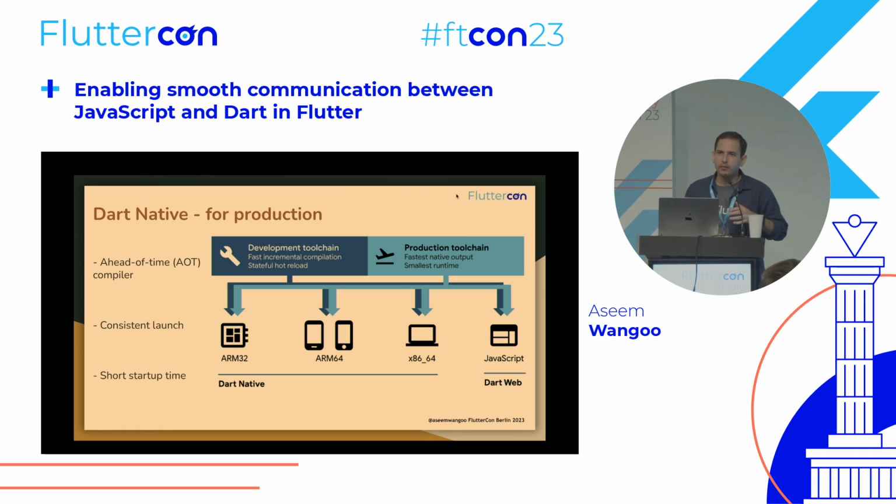So for that, we have AOT, which is the ahead-of-time compiler. This mode is only available when we run the apps in build. So we have a consistent launch time, a short startup time, and we get those optimizations which a production app should have.